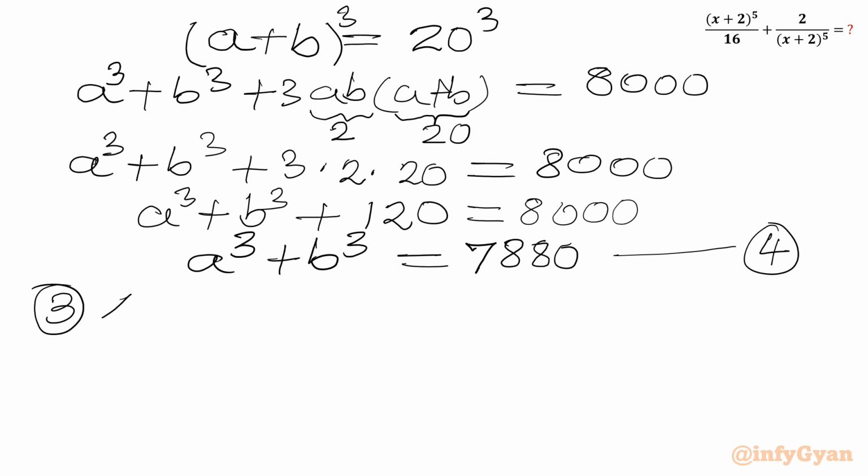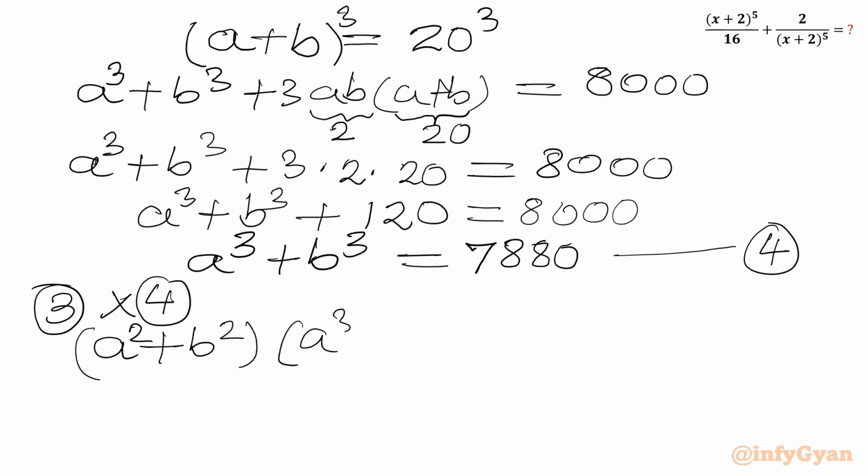Now I will multiply equation 3 with equation 4. So I can write (a square plus b square) times (a cube plus b cube) equal to 396 times 7880.